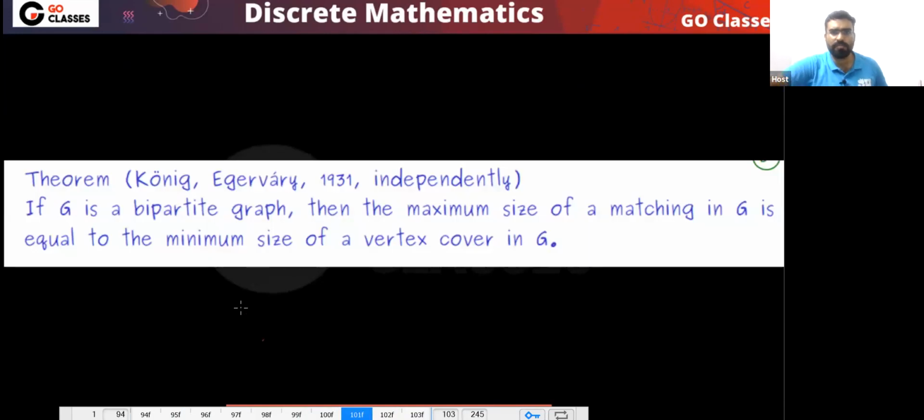All these points we have seen. And this is just for bipartite graph. This proof we will not see, and this is not required for the GATE exam.